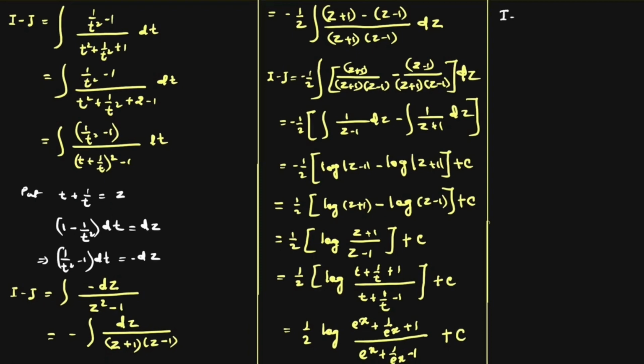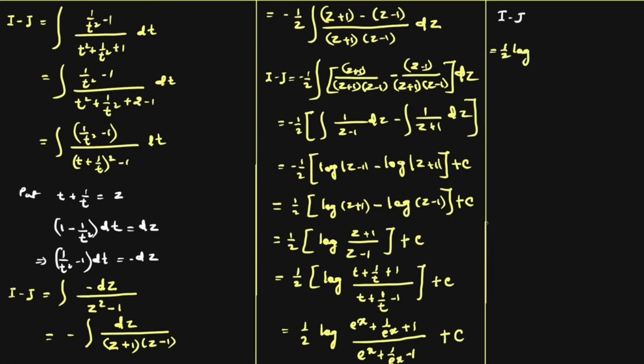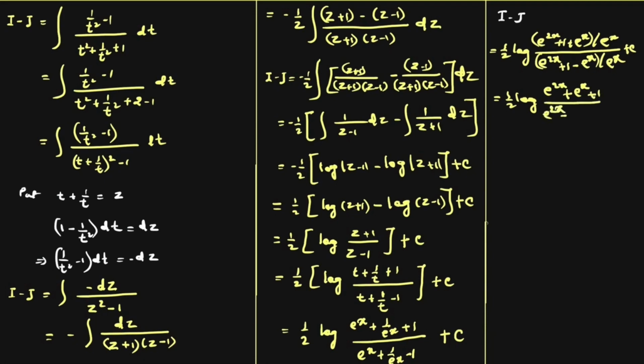So I minus J we are able to write as 1 by 2 log (e to power 2x plus 1 plus e to power x) divided by e to power x, and whole divided by (e to power 2x plus 1 minus e to power x) divided by e to power x, plus c, which we are able to write as 1 by 2 log (e to power 2x plus e to power x plus 1) divided by (e to power 2x minus e to power x plus 1) plus c.